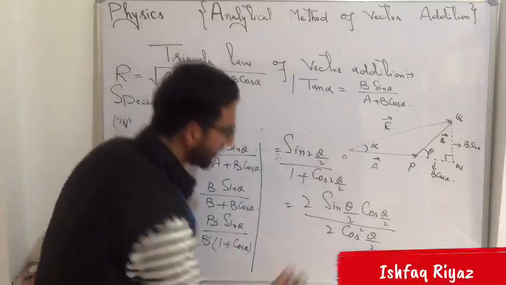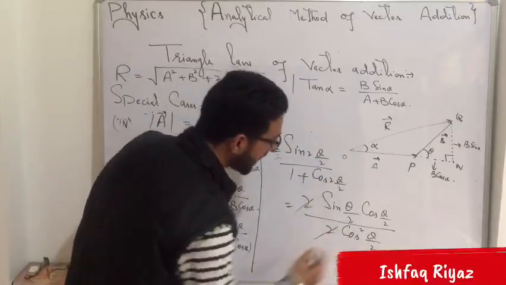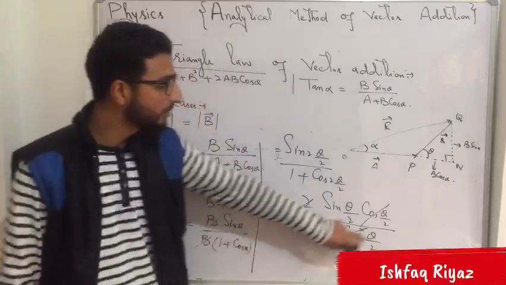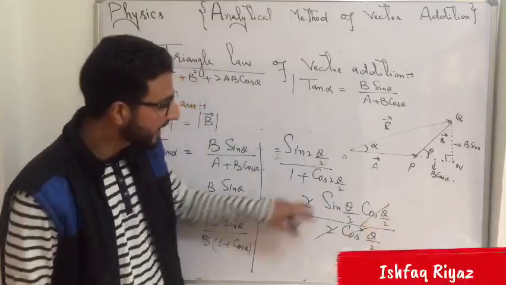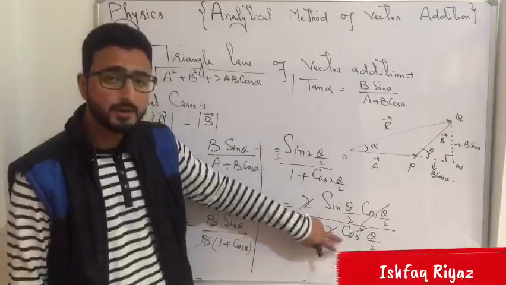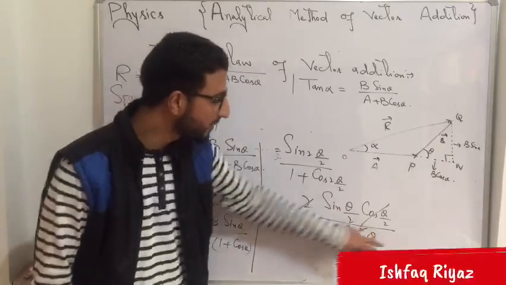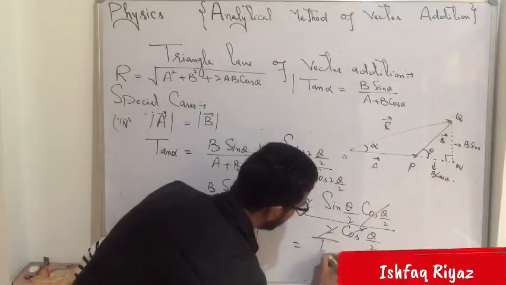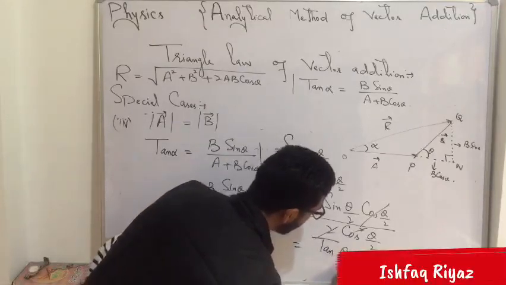The 2 and 2 cancel, and one cos theta by 2 cancels below. So on numerator I have sin theta by 2 and on denominator cos of theta by 2. Sin by cos is tan theta by 2.